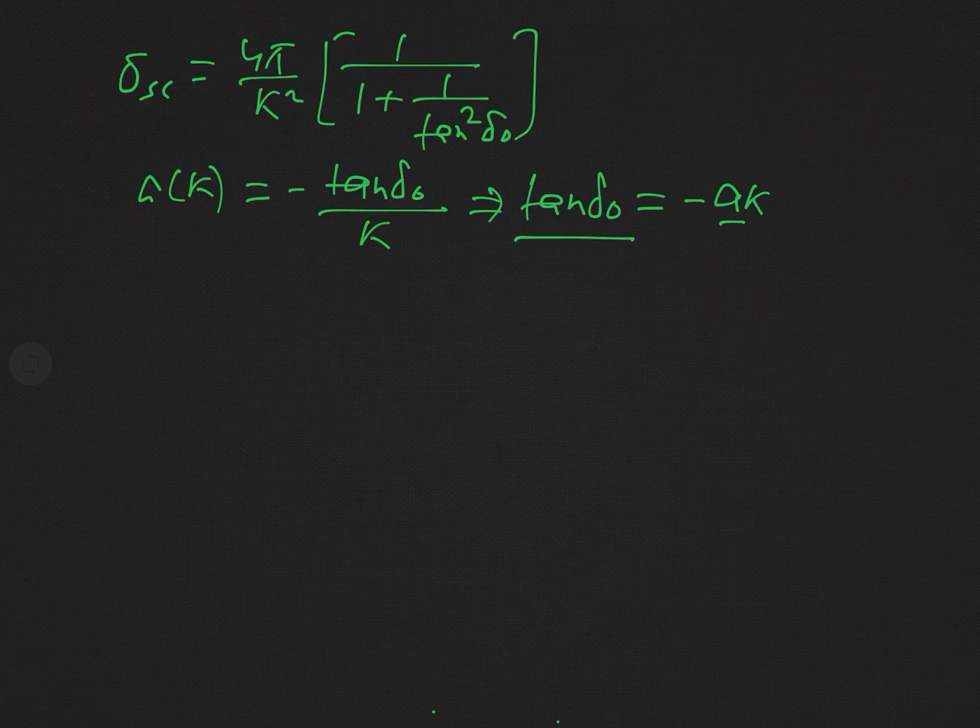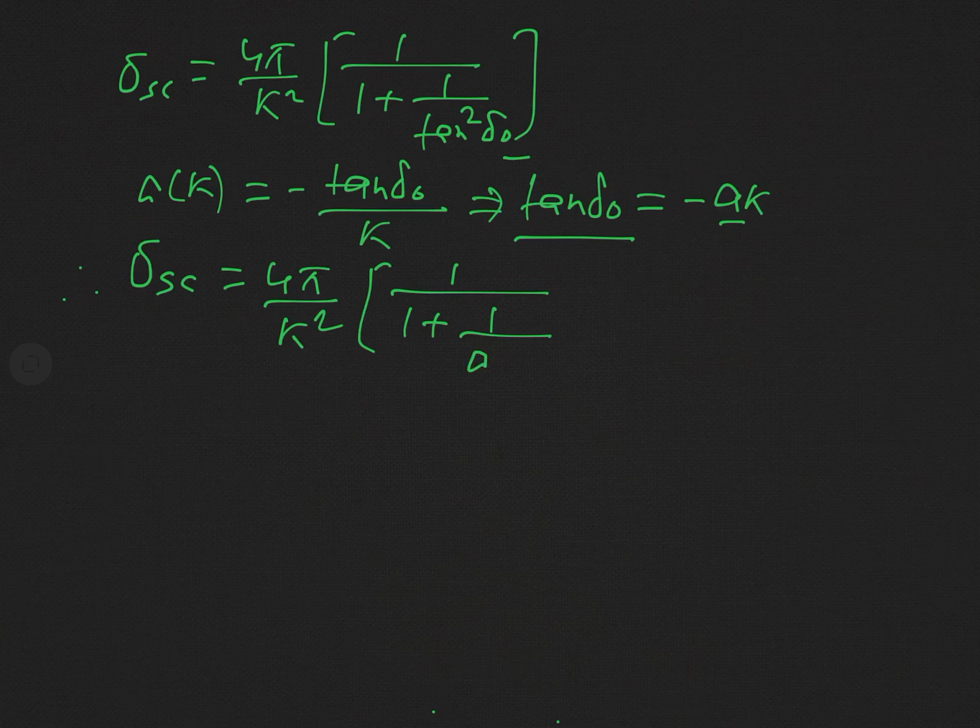So let us substitute the value of tan delta naught, which is equal to minus ak, in this equation. So you can write this sigma SC is equal to 4 pi over k square into 1 over 1 plus 1 by a square k square.